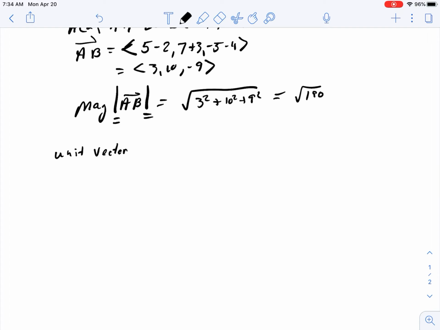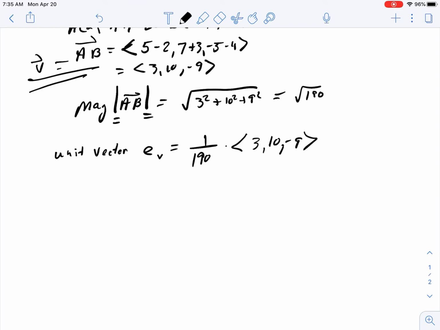I'm going to talk a little bit more about this in a second. But the unit vector, let's say this is V here, make it easy. So the unit vector V would be 1 over root 190 times 3, 10, negative 9.